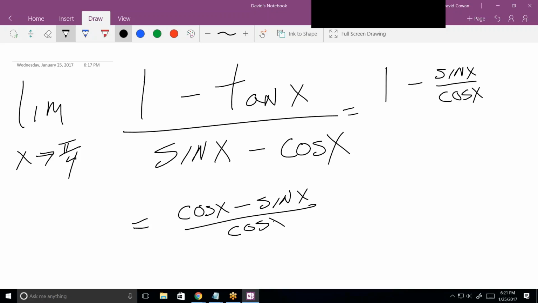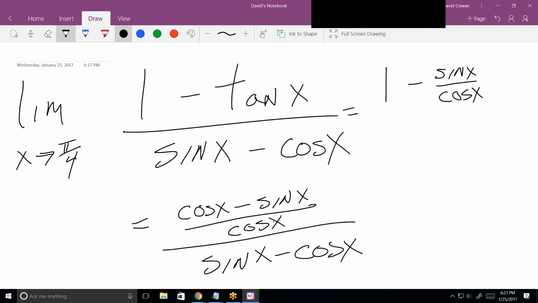Right? All divided by sine x minus cosine x. You know, I actually can flip the bottom and multiply.